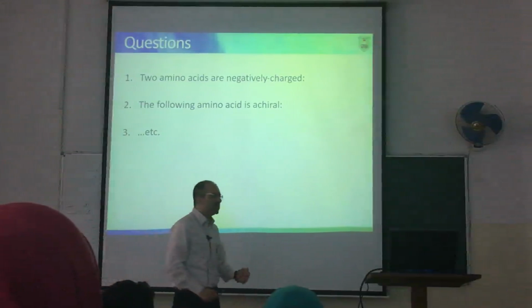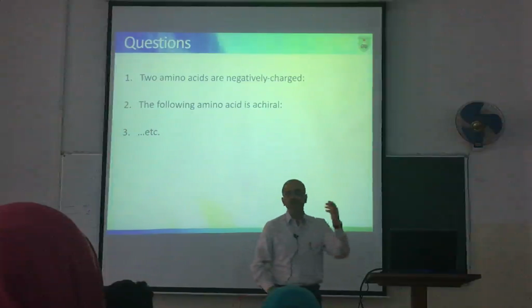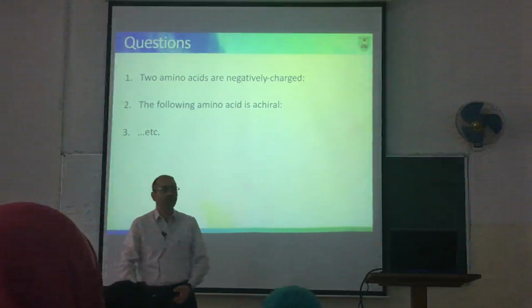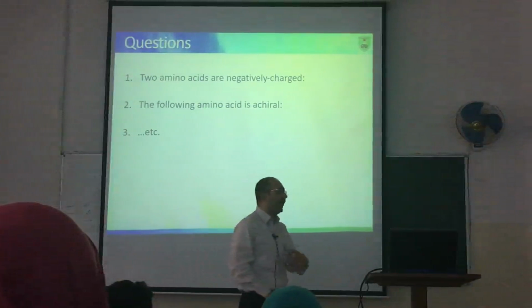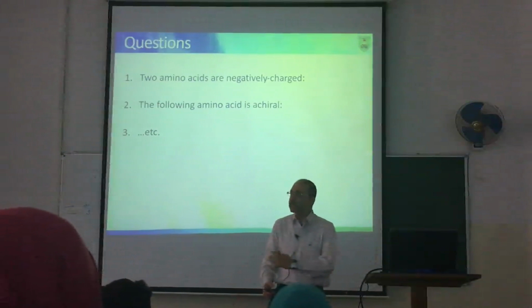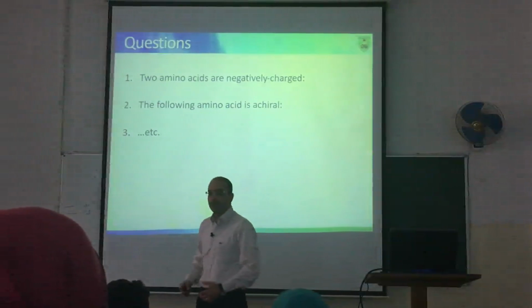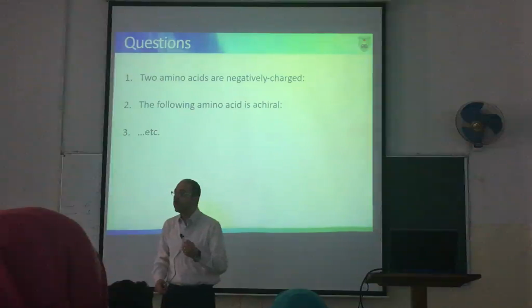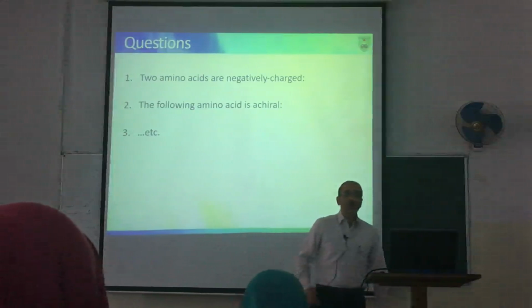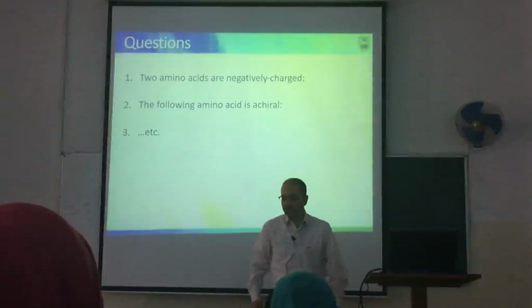Which three amino acids are positively charged? Histidine, lysine, arginine, and so on. Which amino acid has hydrogen bonding capacity? Is a hydrogen bond donor? Is a hydrogen bond acceptor? And so on. These are questions I may ask you. So please study your amino acids very well, because everything that comes after depends on these amino acids.